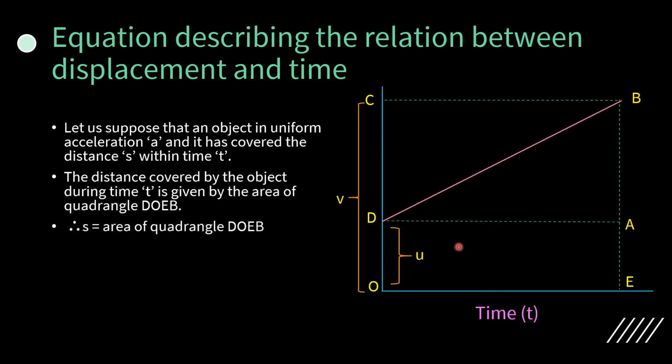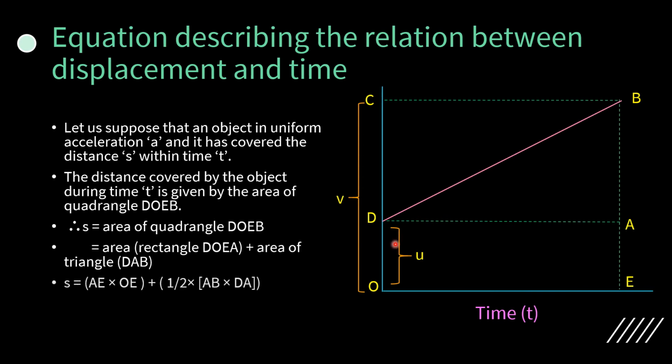If we observe, the area of the quadrangle DOEB contains two geometrical shapes: a rectangle DOEA and a triangle DAB. Adding the area of these two, we get the area of this quadrangle. The area of a rectangle is length into breadth.